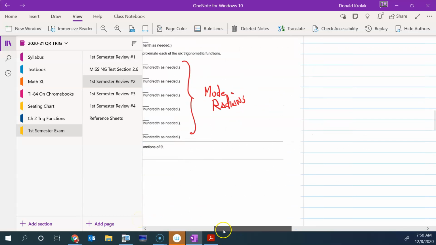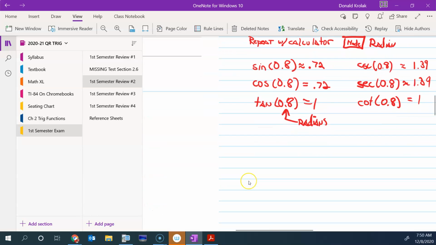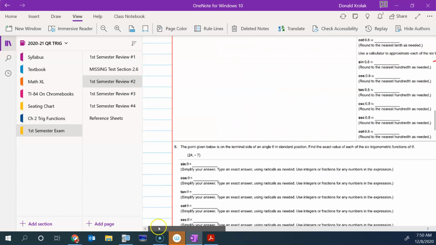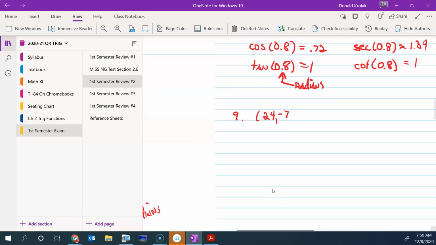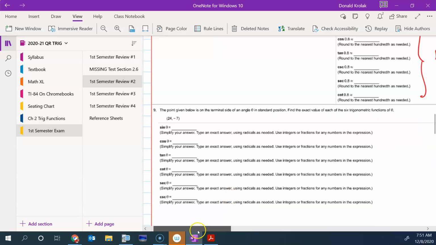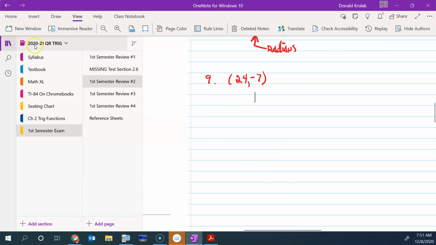All right, so let's copy this down over here. So number 9. You've got the coordinates 24, -7. And we've got to find all 6 ratios.